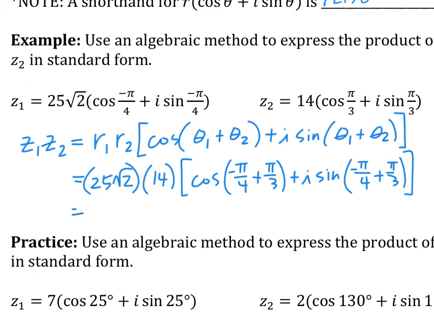Okay, so let's simplify this. 25 root 2 times 14 ends up being 350 root 2. Cosine of negative pi over 4 plus pi over 3, pi over 12, so cosine pi over 12 plus i sine pi over 12. Okay, that's good, but that's still in trig form or trigonometric form. So how do we turn this whole thing back into a complex number or standard form?